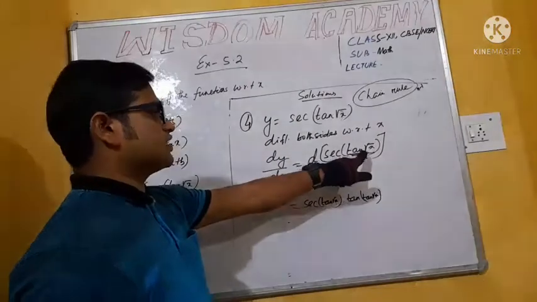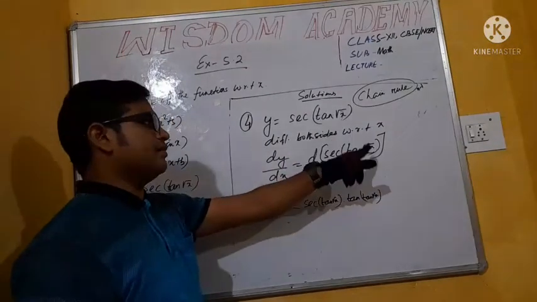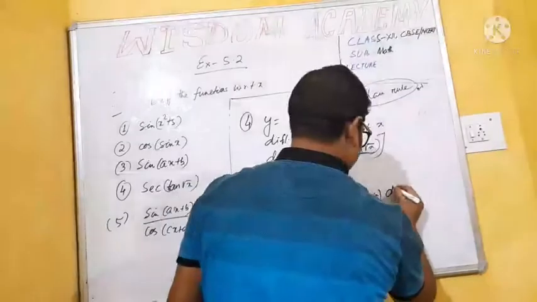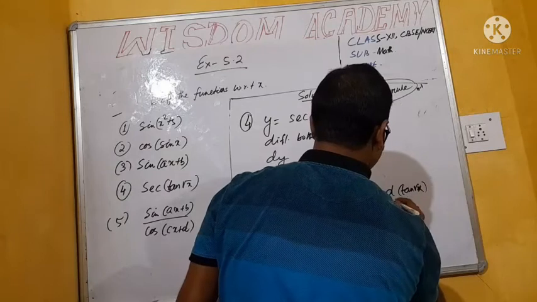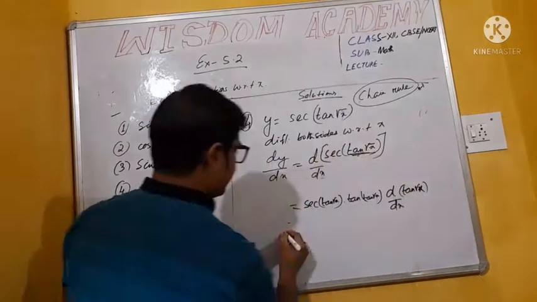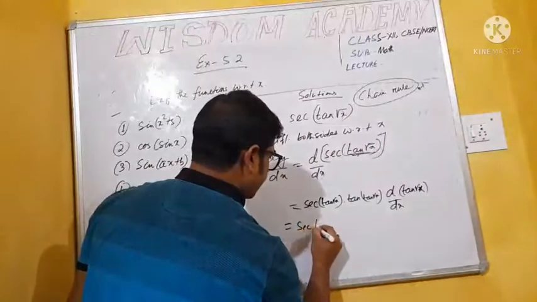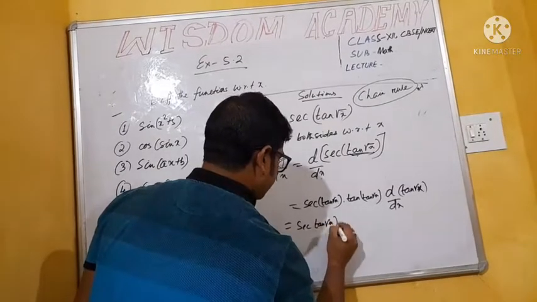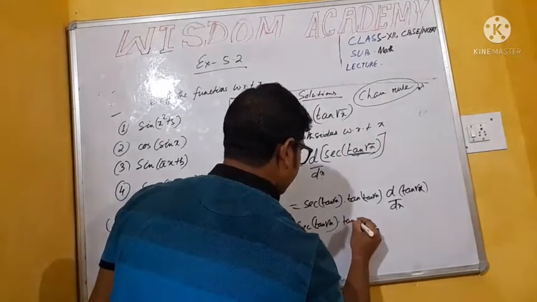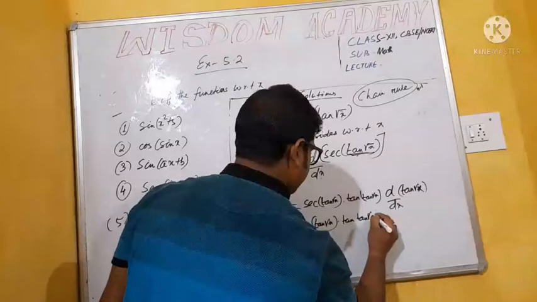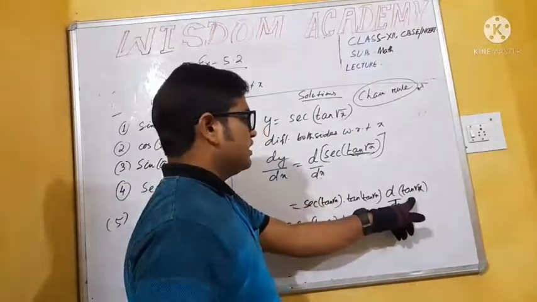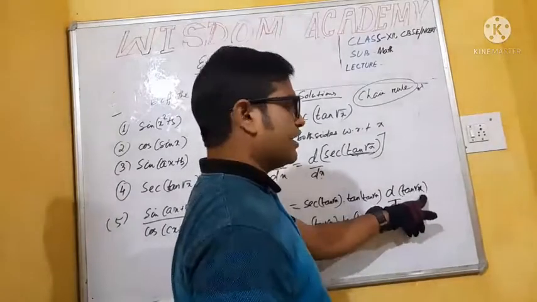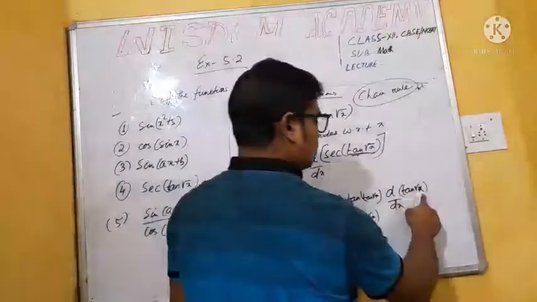Really it is not x, so again we take the derivative of tan root x with respect to x. Here it is tan, it is not present in tan x, it is not a function, so tan root x.